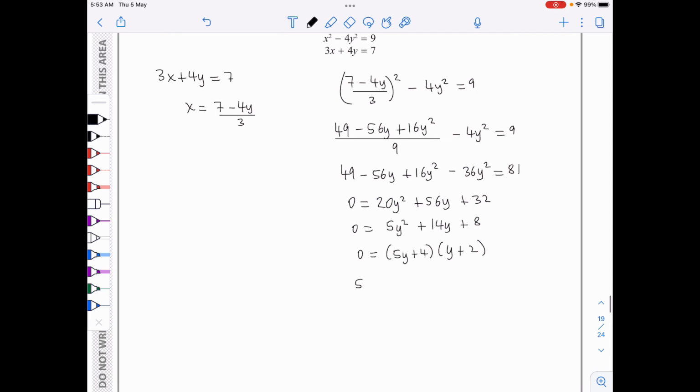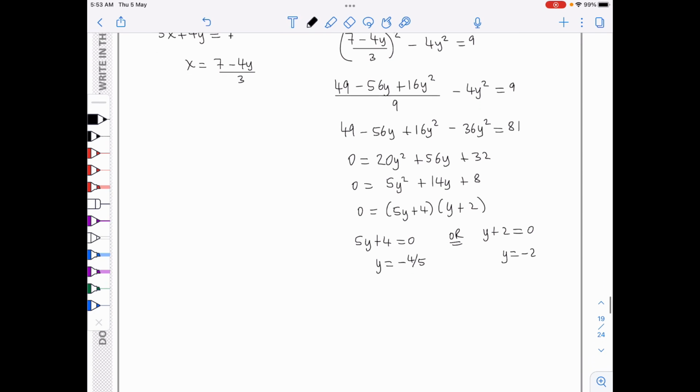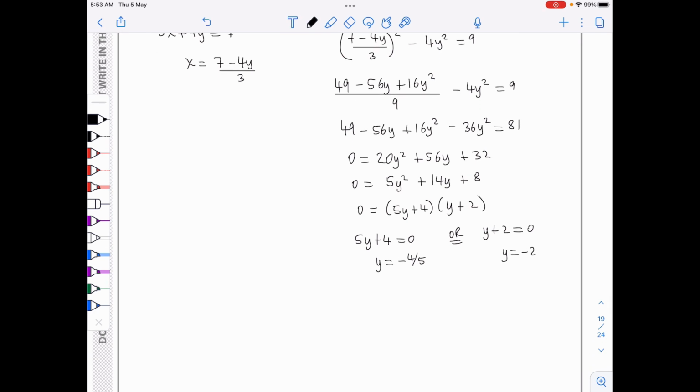So either 5y plus 4 is 0 or y plus 2 is 0. So this gives me y is minus 4 over 5 or y is negative 2. I haven't finished. I need to actually go and calculate the corresponding values of x.